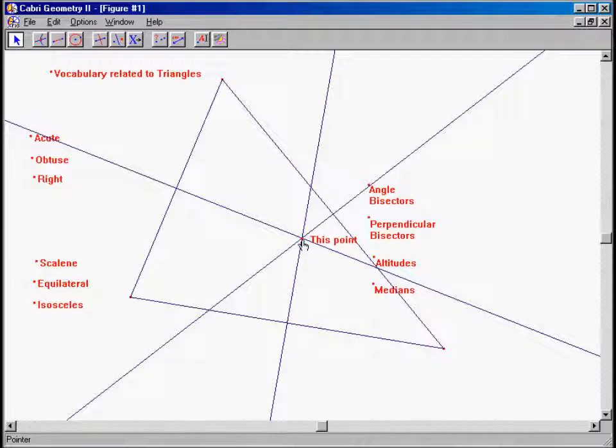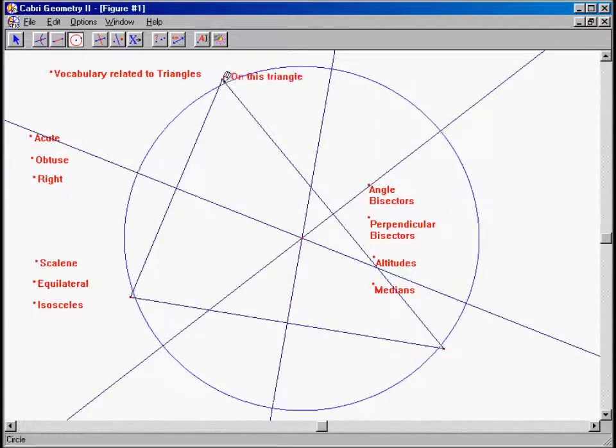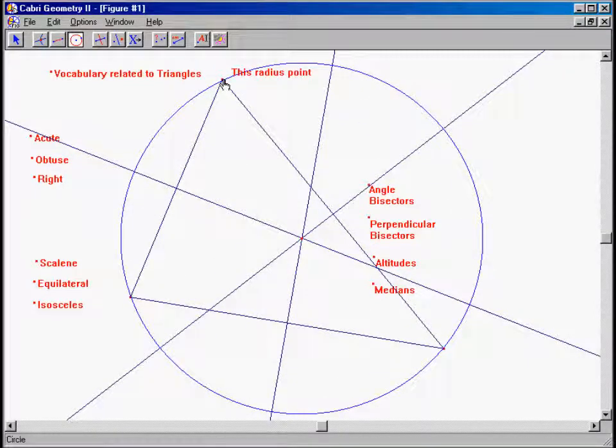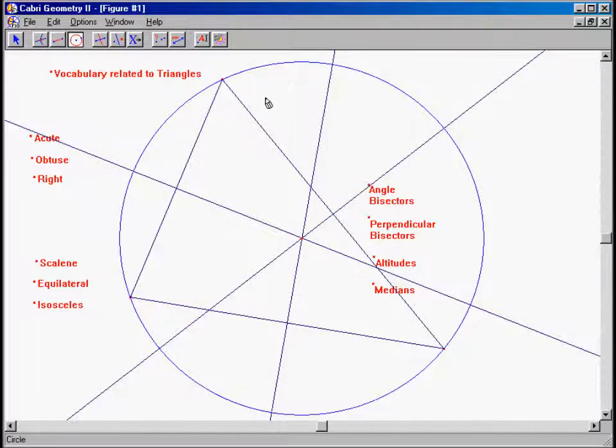And the radius, this time it's easier than what we had with the angle bisector because it has to go to one of the vertices. So we just have to make a circle here that goes from this center where the perpendicular bisectors meet and goes to one of the radius points.